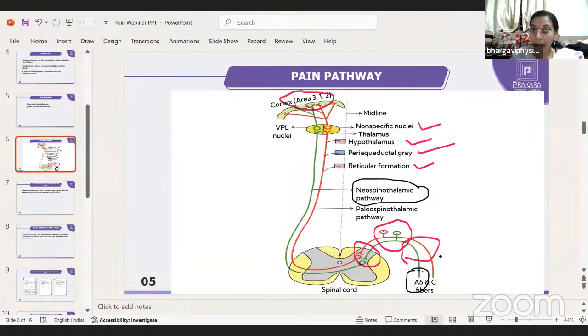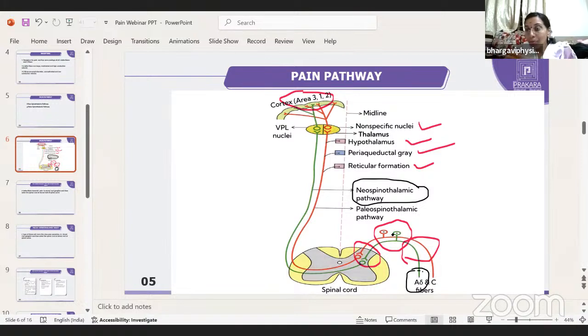Now as we are talking about the neospinothalamic tract, we are going to discuss only the A delta fibers, which have the highest conduction velocity among the whole classification of nerve fibers under the Erlanger-Gasser classification. These fibers perceive the pain sensation, and that pain sensation reaches the dorsal root ganglia.